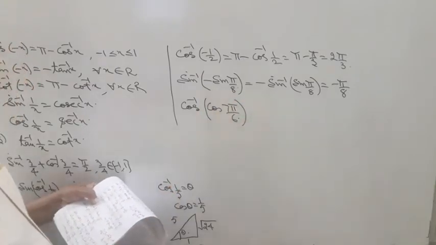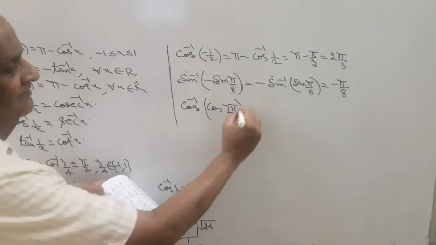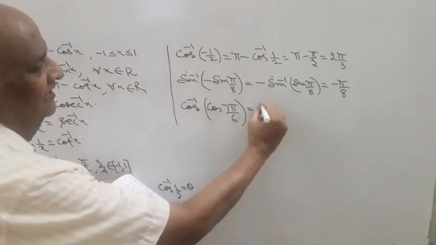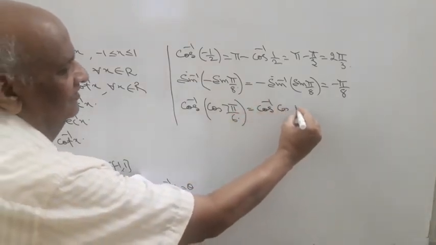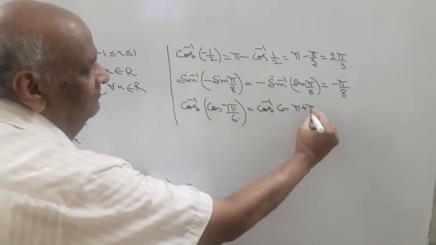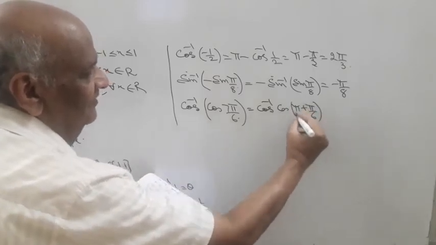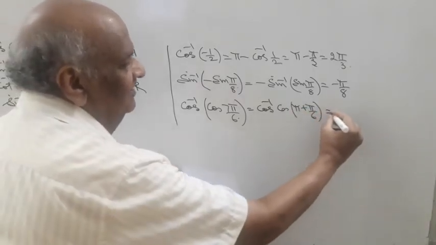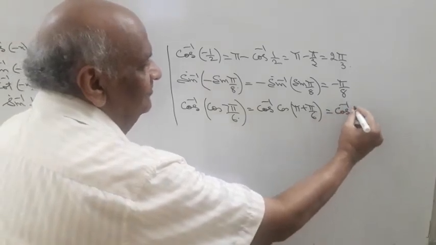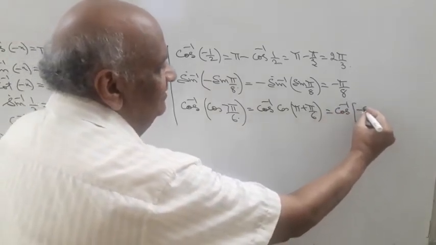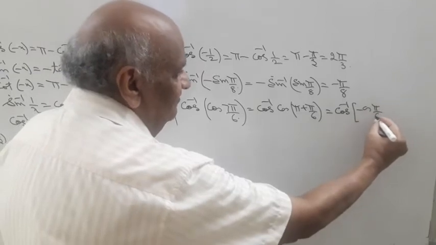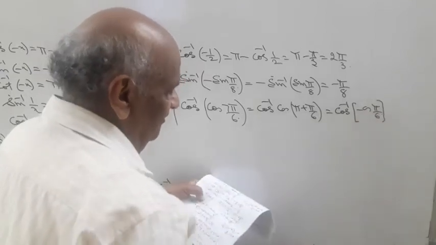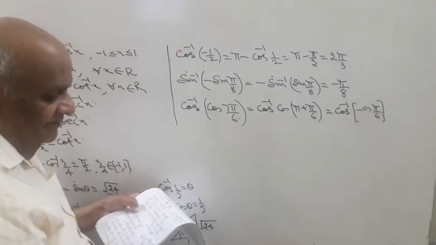Cos inverse of cos 7 pi by 6 is cos inverse of cos of pi plus pi by 6. And this is cos inverse of minus cos pi by 6.